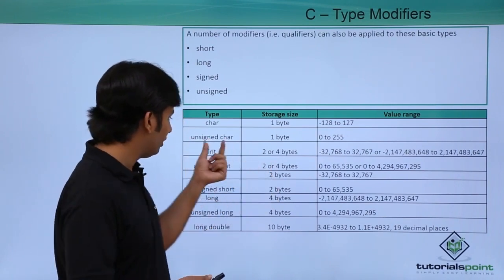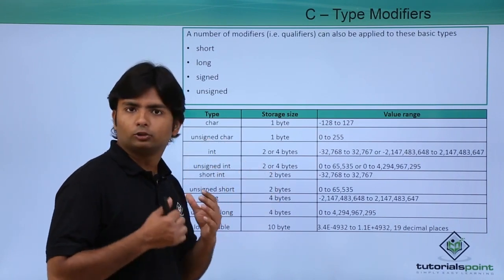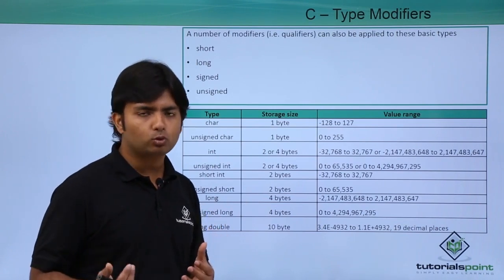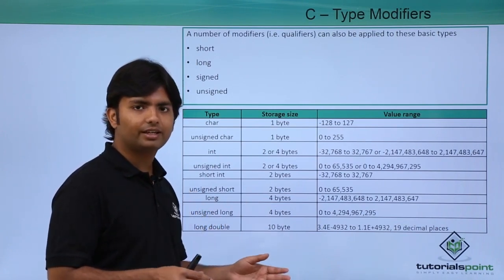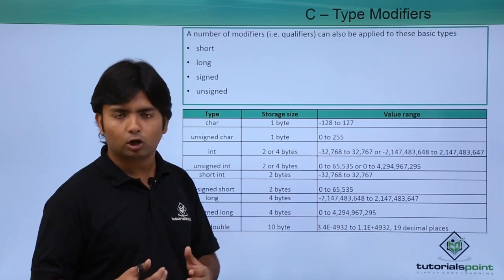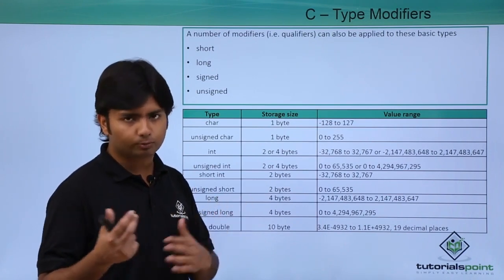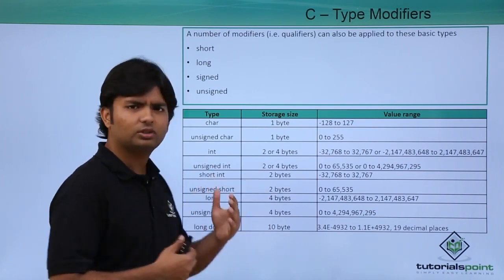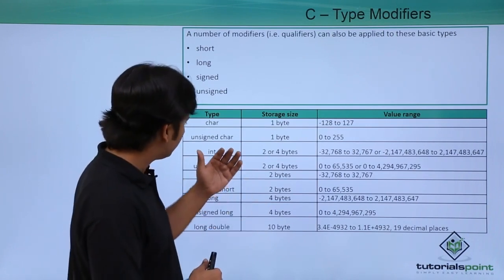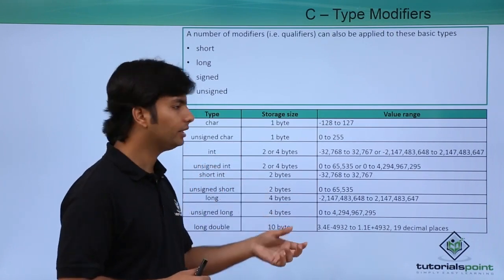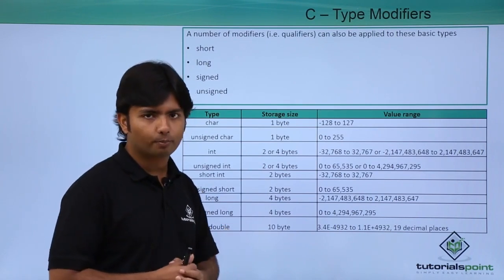As I said, if I talk about integer, it will occupy 2 or 4 bytes. By default in C it is considered as the long one, but it is dependent on the different compilers. If by default it is short int, then it will occupy 2 bytes.